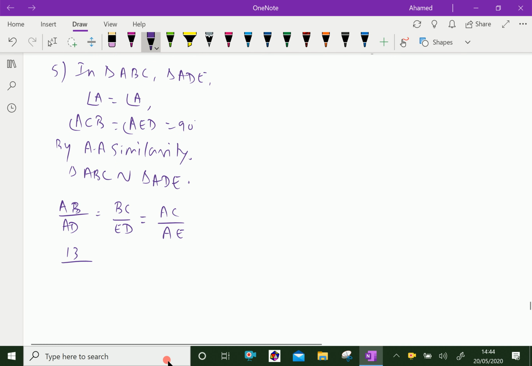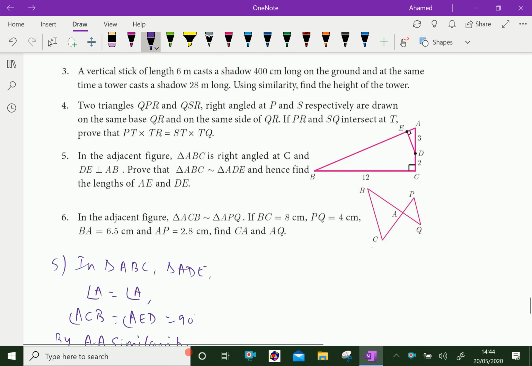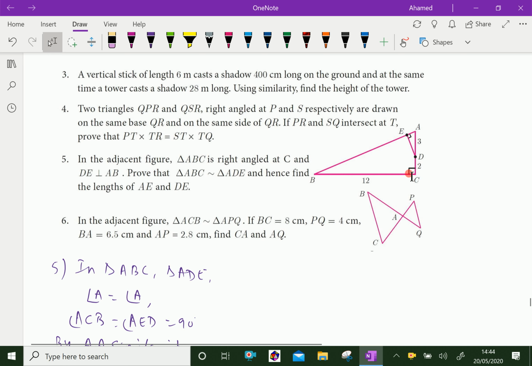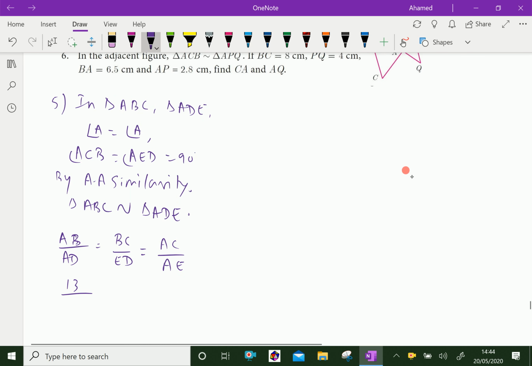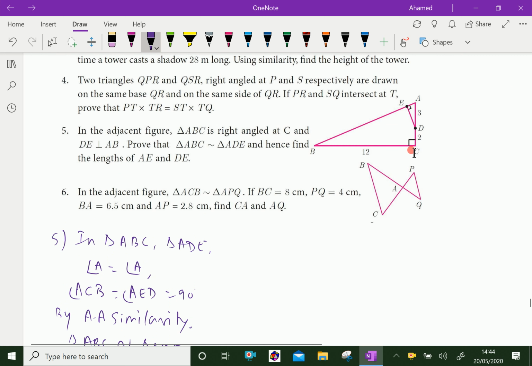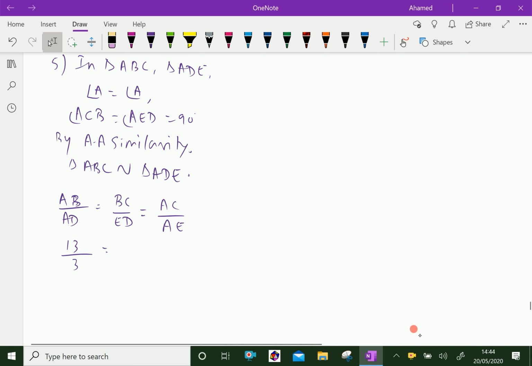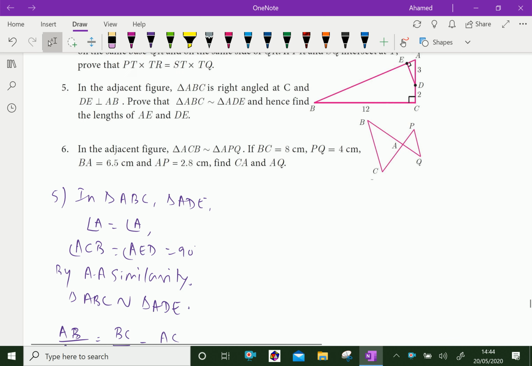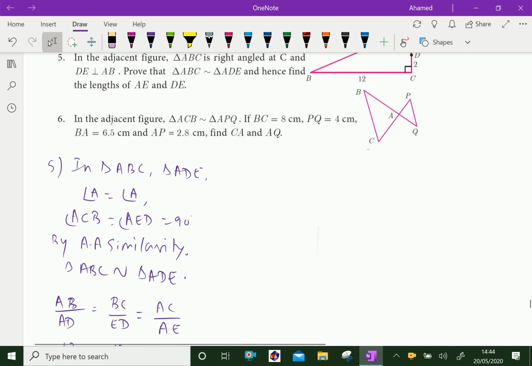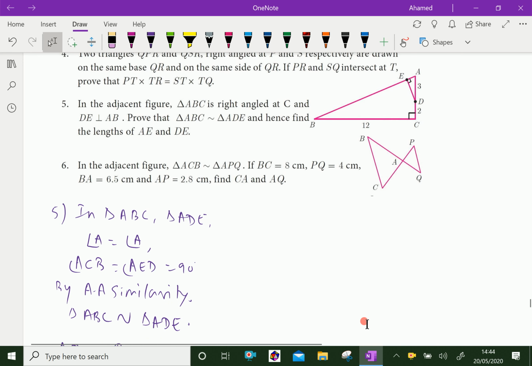AB is 13 over AD is 3, equal to BC is 12 over ED.